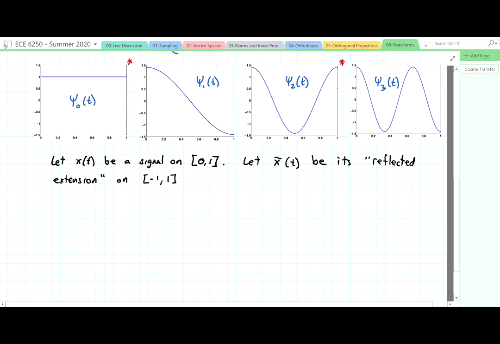Okay, so this is going to be x tilde of t is equal to x of minus t from -1 to 0, and x of t just itself as before.